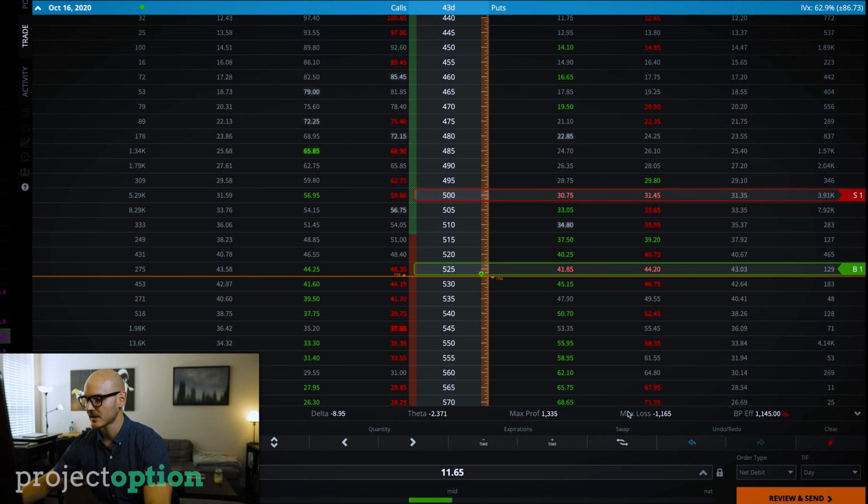Let me just lock this price. So if the price of the put spread is $11.65, my maximum loss potential is $1,165. But my maximum profit potential is $1,335. So basically the way I constructed this put spread is to purchase the at the money option and short a further out of the money option.